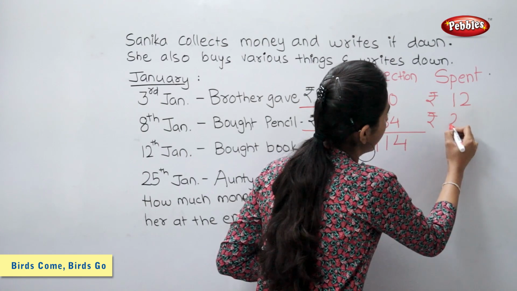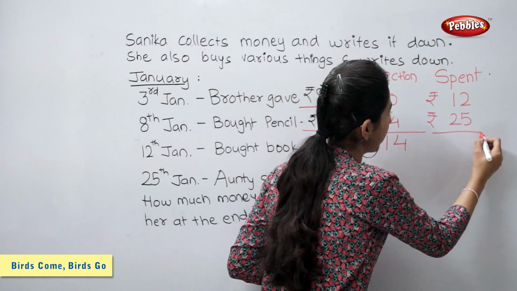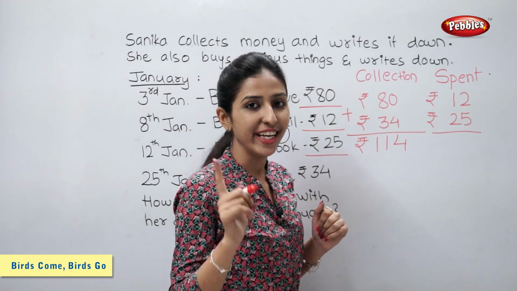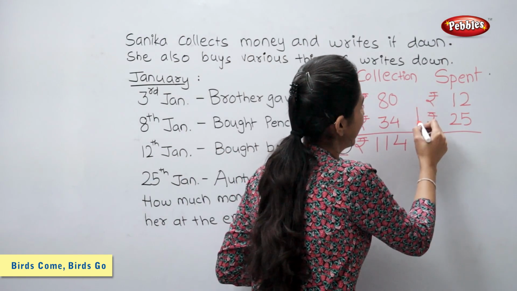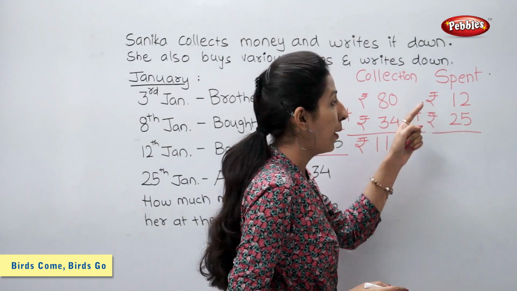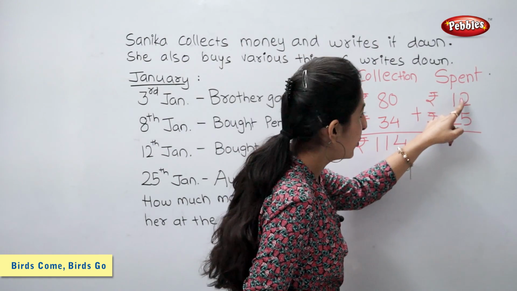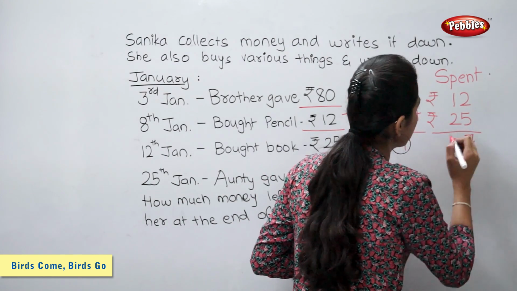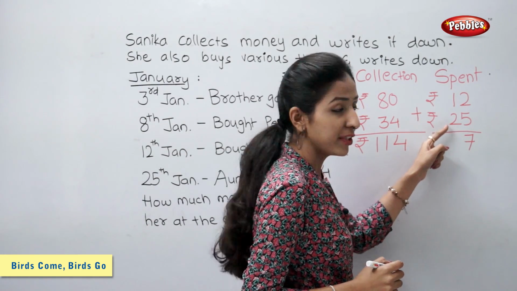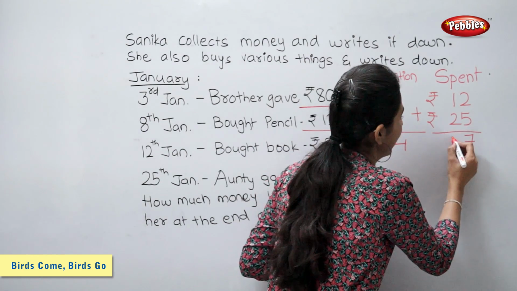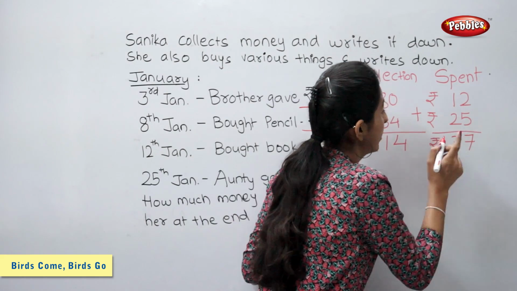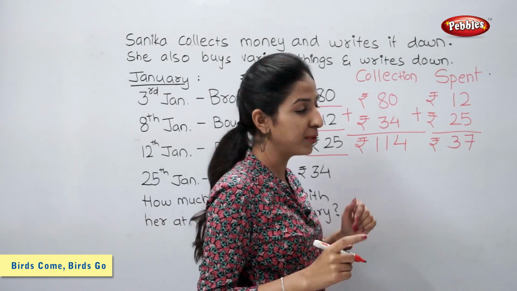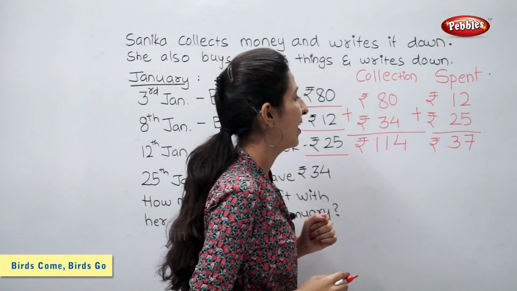Now, to find out the total amount spent, let us add 12 plus 25. 2 plus 5 is 7. 1 plus 2 is 3. So, rupees 12 plus rupees 25 is equal to rupees 37.